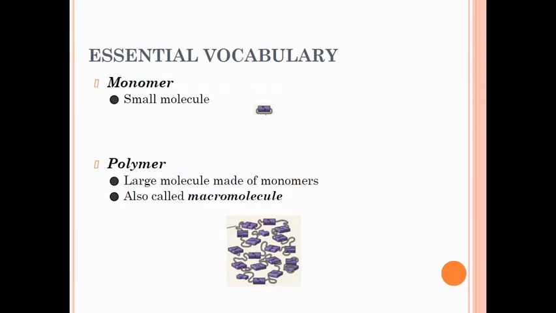So a polymer is a large molecule, and it's made of many monomers, many smaller molecules put together. It's kind of like thinking of a monomer as a single Lego, and a polymer would be what you can construct with those smaller little pieces, those individual Legos.